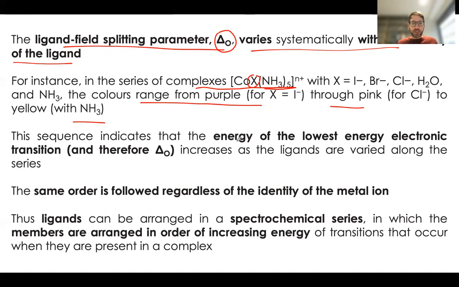So this sequence means that the energy of the lowest energy electronic transition, and therefore the ligand field splitting parameter, increases as the ligands are varied along this series.